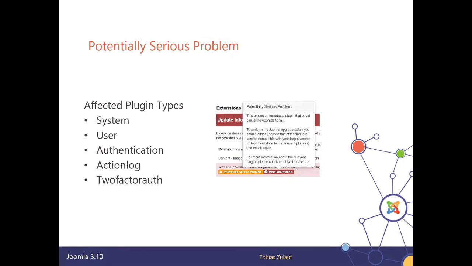Maybe you are better in English, maybe we can even get a better message out there. But the intention is to say that there could be a problem with that kind of plugin.